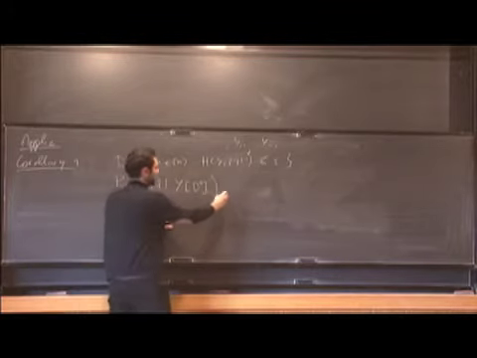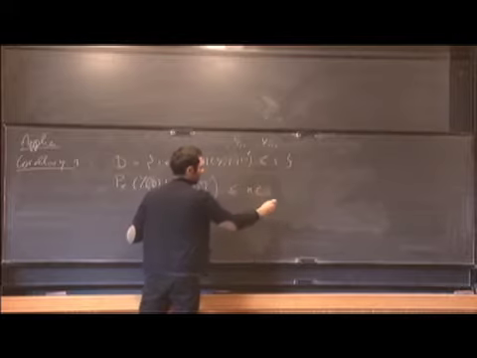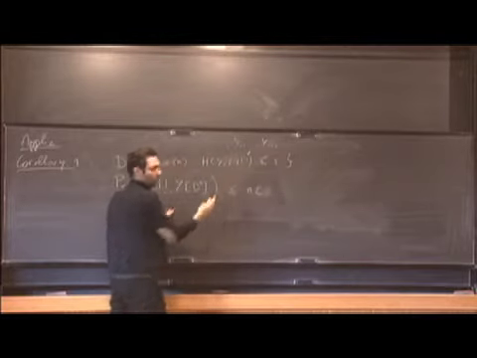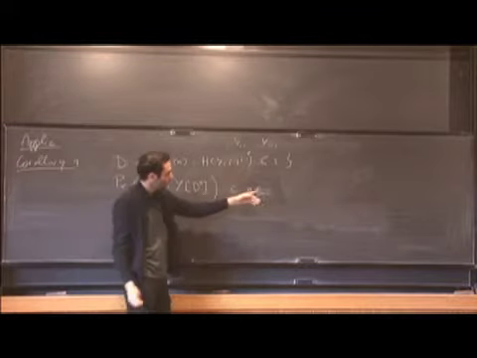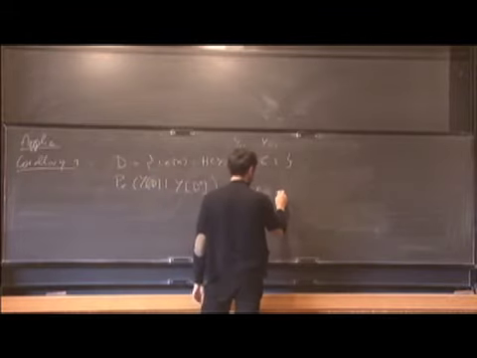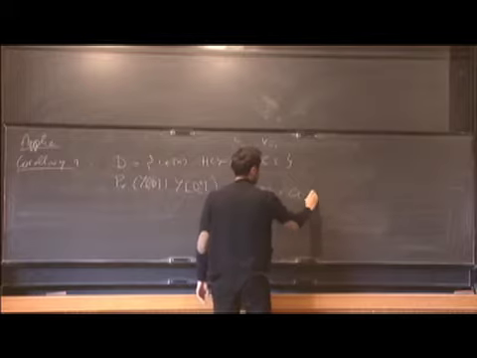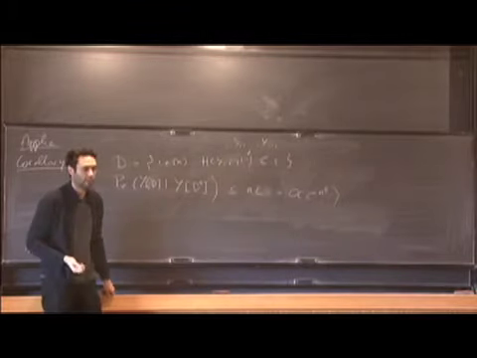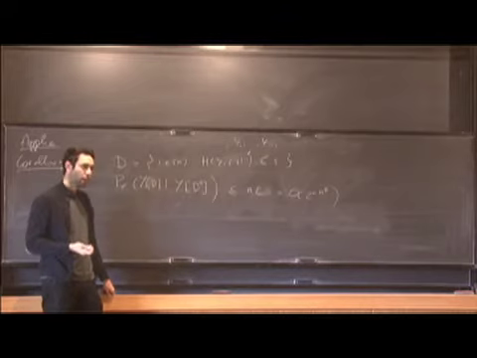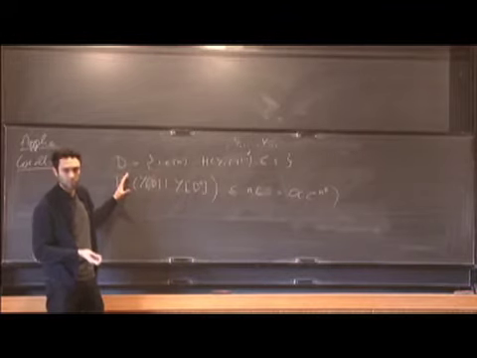This will be less than n times epsilon because each component in here has to be less than epsilon. And since epsilon can be exponentially small, this can also be exponentially small for beta less than half. So you can see how this can be used for compression.